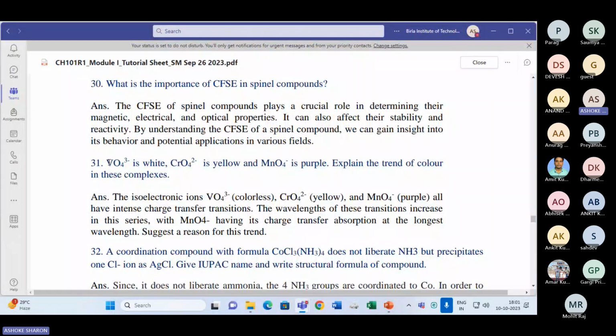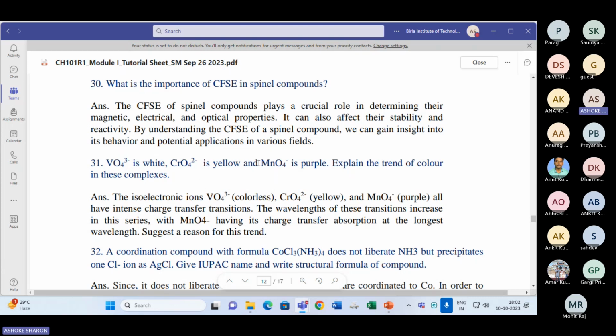In the first case, both of them are d0 systems, but in the second case it depends upon the charge transfer transitions. The wavelength of the transition increases in the series, with permanganate having its charge transfer absorption at the longest wavelength.